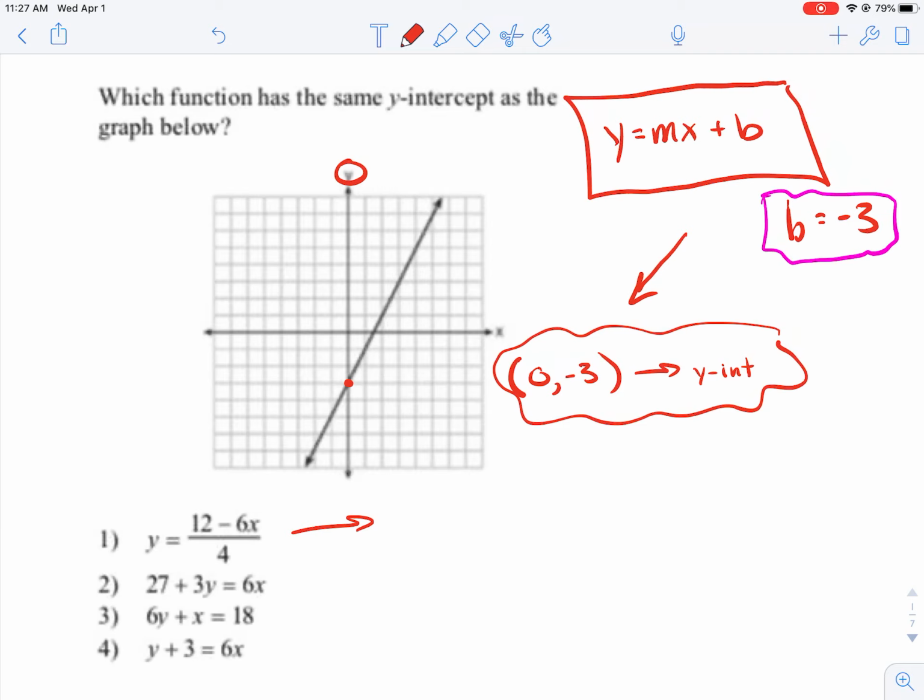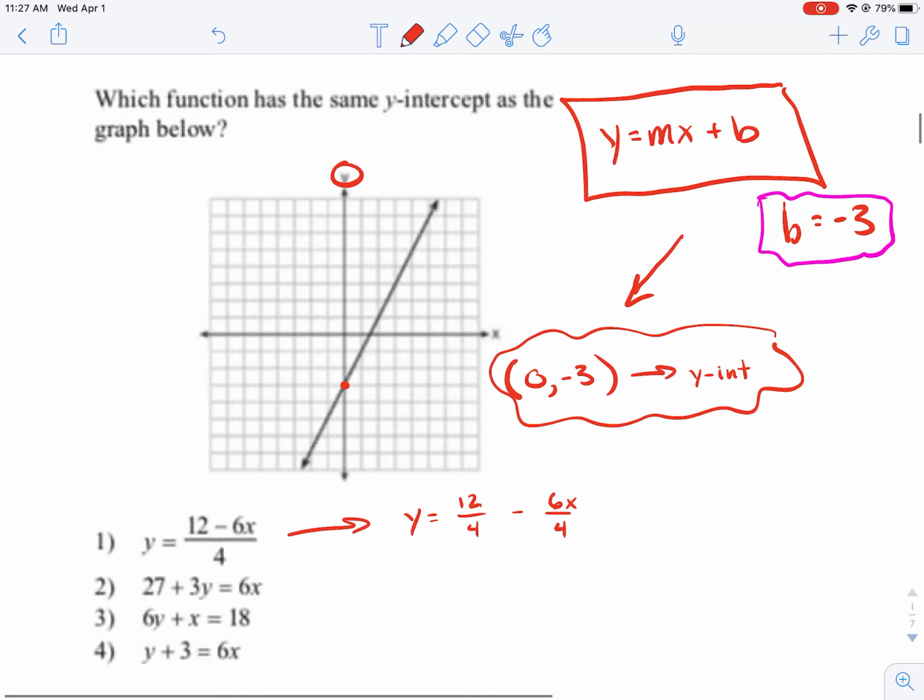Okay, so let's take a look at this first one here. All right, so we got 12 minus 6x over 4 is equal to y. So what we want to do here is take this 4 and divide it into both of these chunks. Okay?